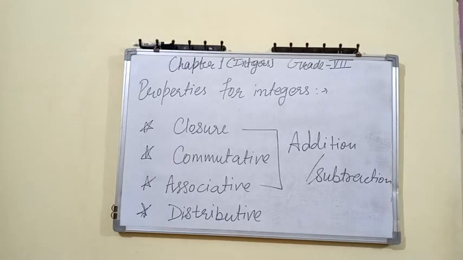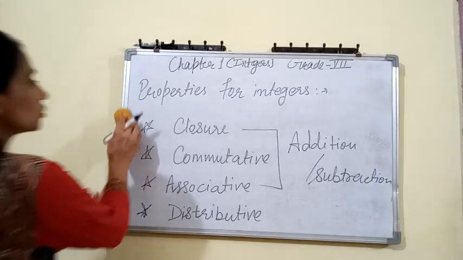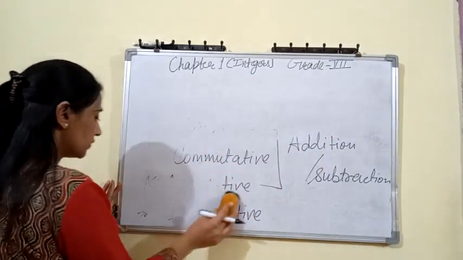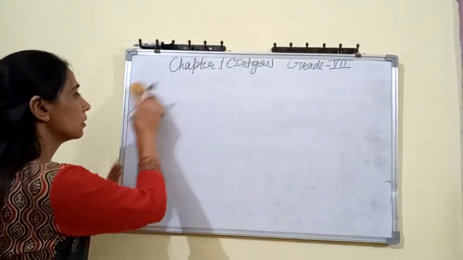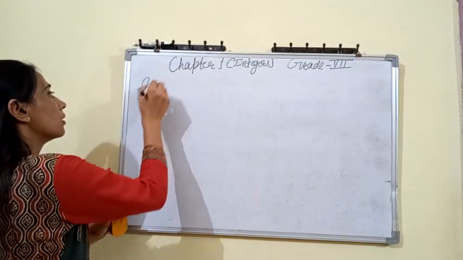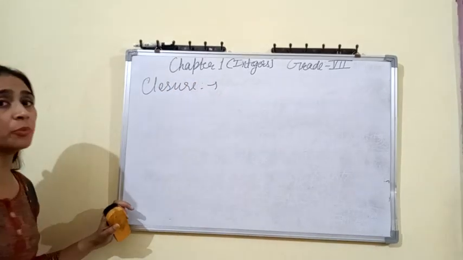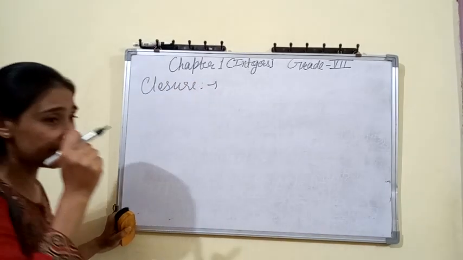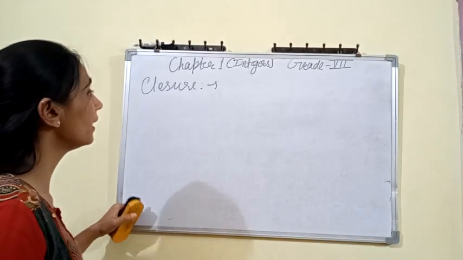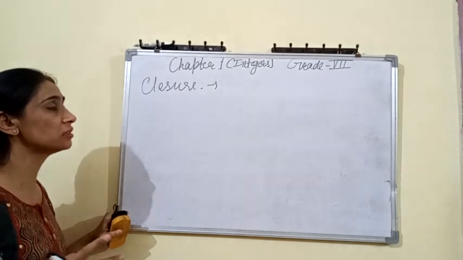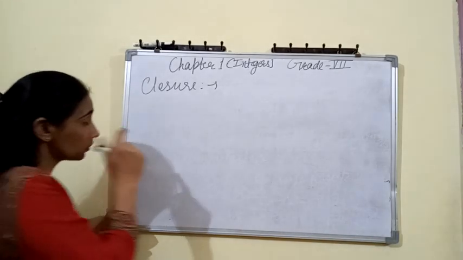So what do you mean by closure? What is this closure property? First, take the first one. According to closure property, if you are adding, subtracting, multiplying or dividing any two integers, your result should also be an integer.